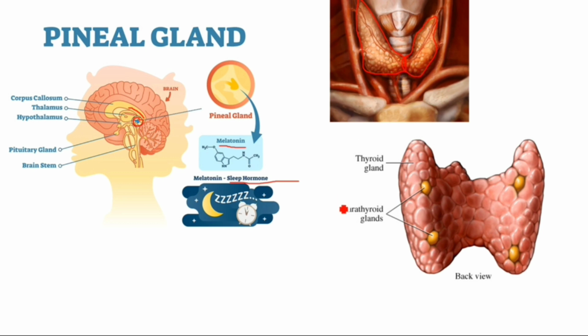So now we will talk about another gland, which is the parathyroid gland. As you can see here, the back view of the thyroid gland, and on the back of the thyroid gland we see these four pea-shaped parathyroid glands. They are tightly clinging to the lobes of the thyroid gland.